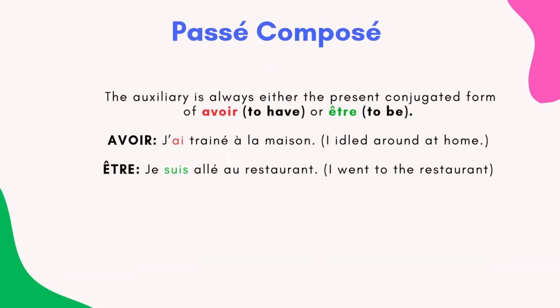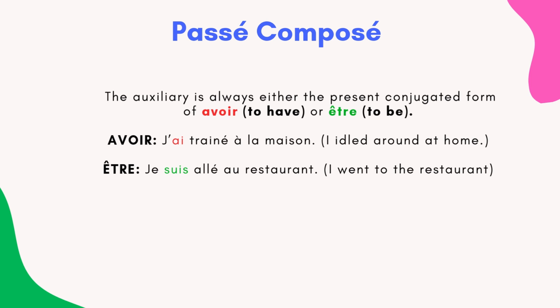So what do we conjugate in auxiliary verbs? So the auxiliary verb is always either conjugated in avoir, which is to have, or être, which is to be. And these avoir and être verbs are only conjugated in present tense.